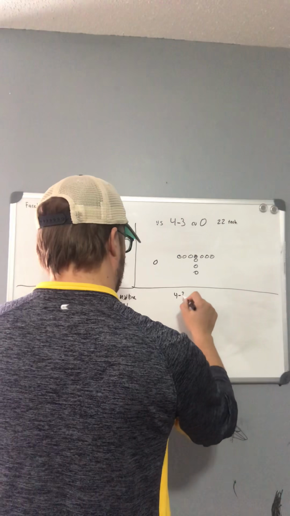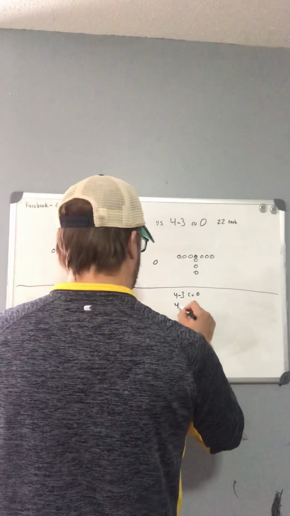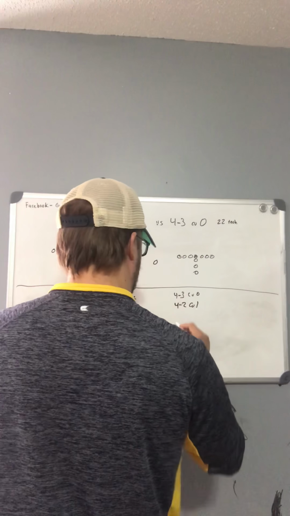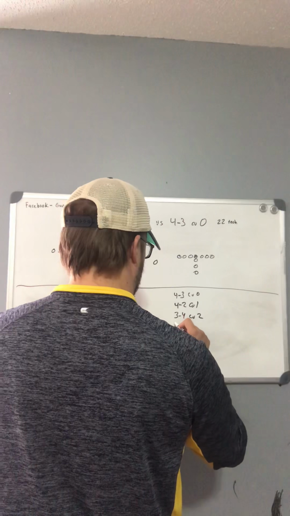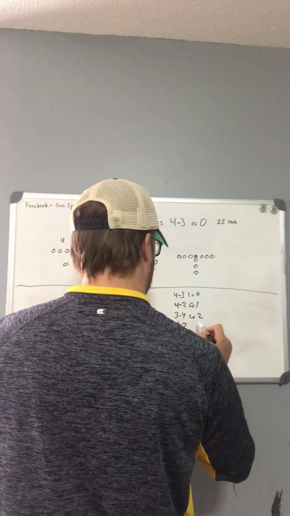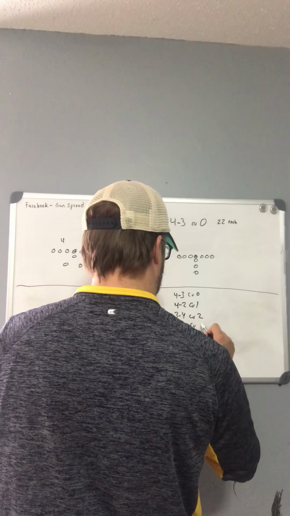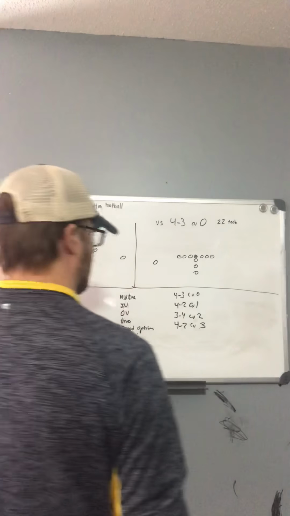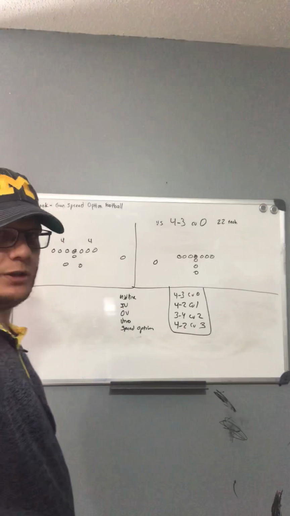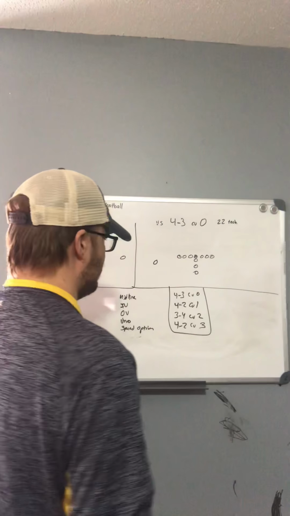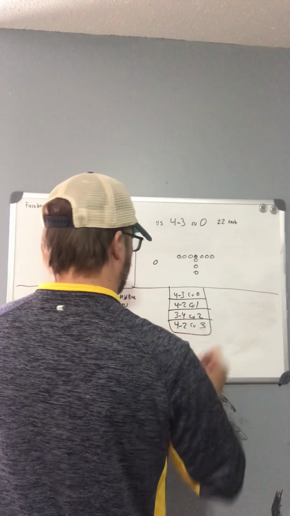So if they're a 4-3 cover 0 team, or a 4-2 cover 1 team, a 3-4 cover 2 team, or a 4-2 cover 3, this is what's going to tell me what formations I'm going to use that week. This alone is what tells me what I'm going to use for formations.